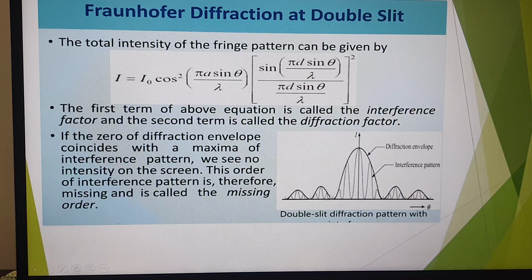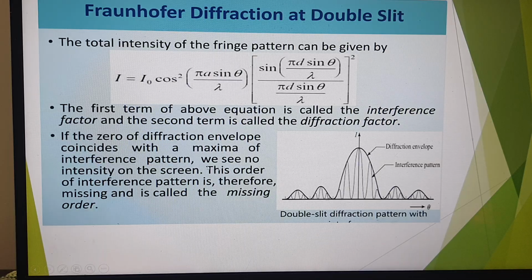According to this we have a formula, where we substitute the values in the previous equation: I naught cos squared of pi a sin theta by lambda, times the term with pi d sin theta by lambda.